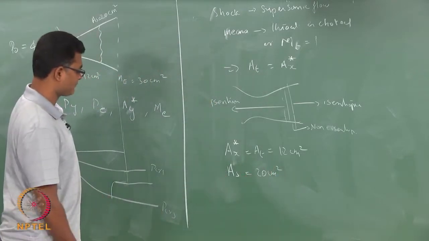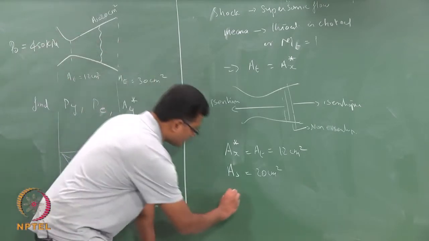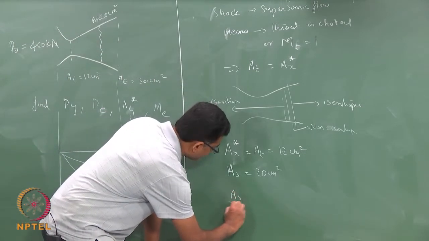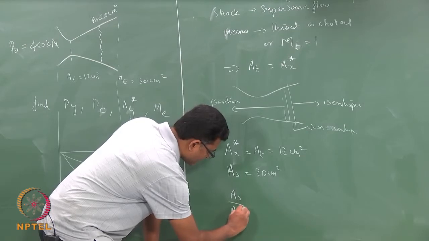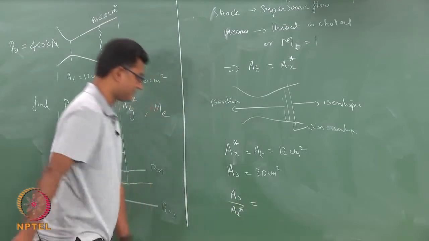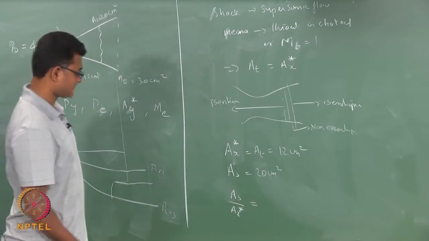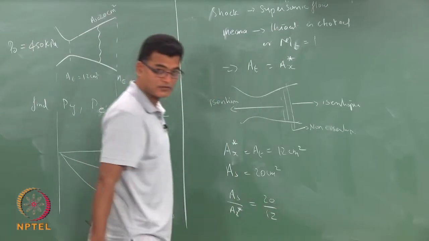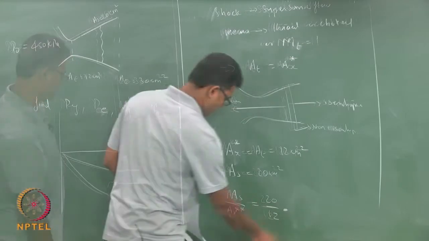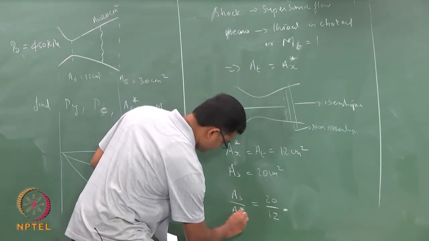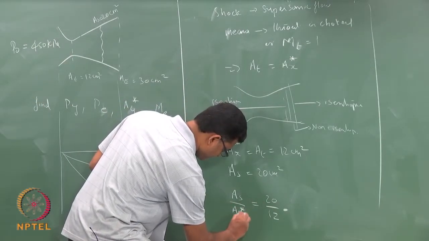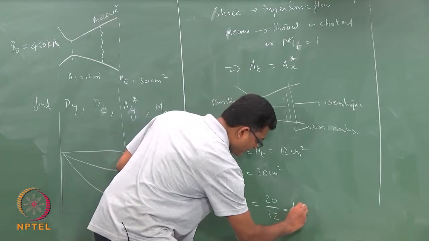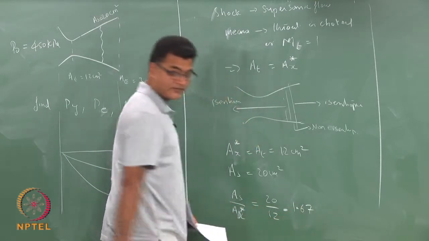Okay. So I can find A by Ax star, which is 20 by 12. So A by Ax star is 1.67.